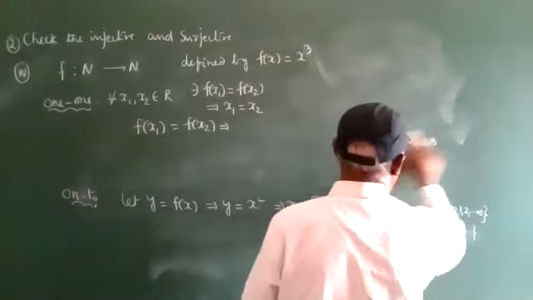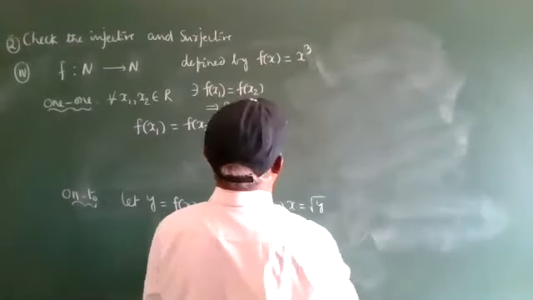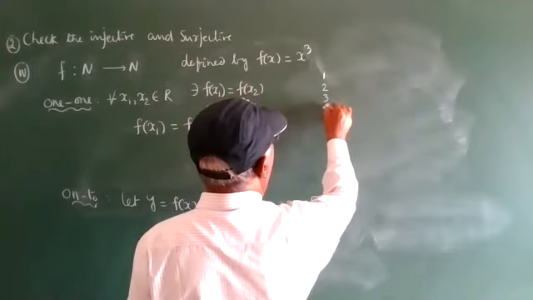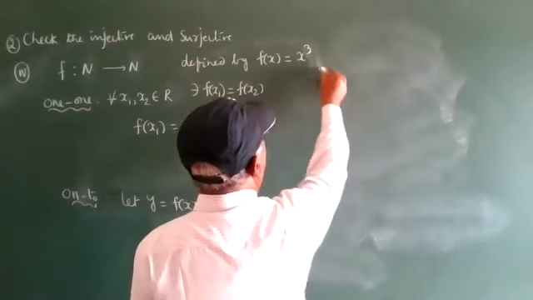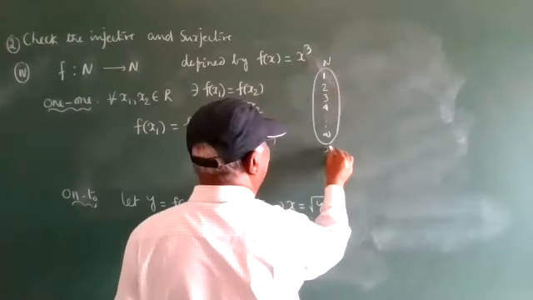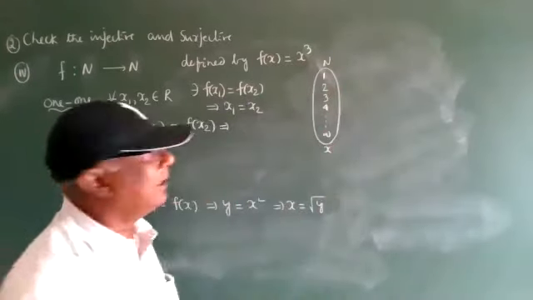First we draw the figure. Natural numbers are 1, 2, 3, 4 up to infinity. This is the natural number domain set, it is x.